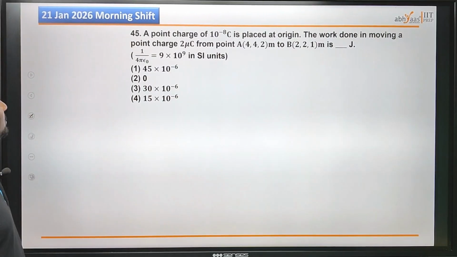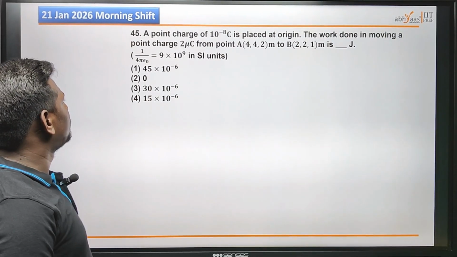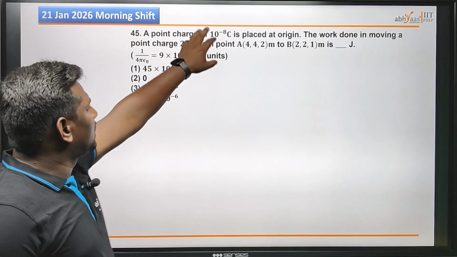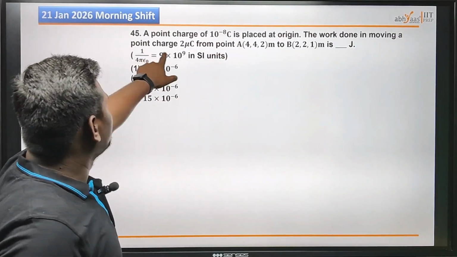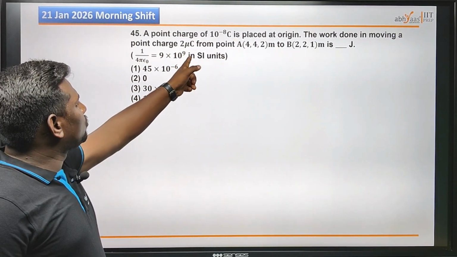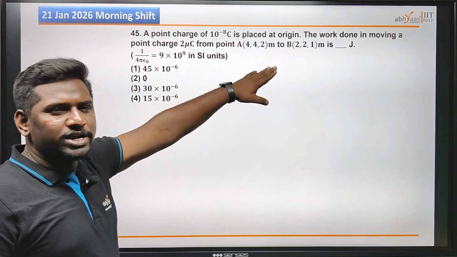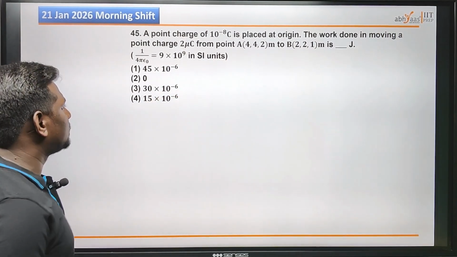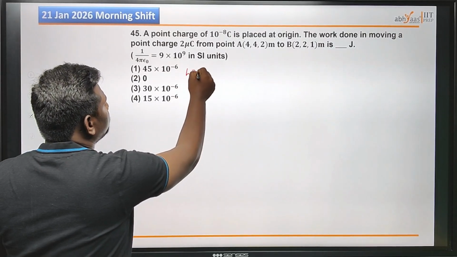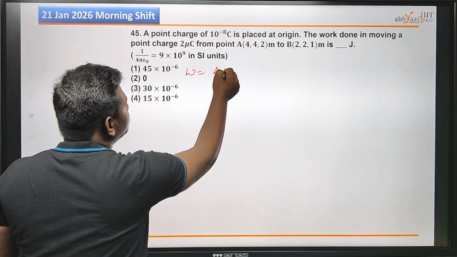So next one, see here, question number 45. The point charge, they have given a charge placed at origin. The work done in moving a point charge of 2 microcoulomb from point A to point B. What is work done? Work done is nothing but change in potential energy.